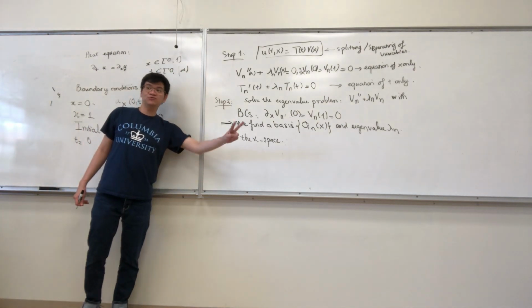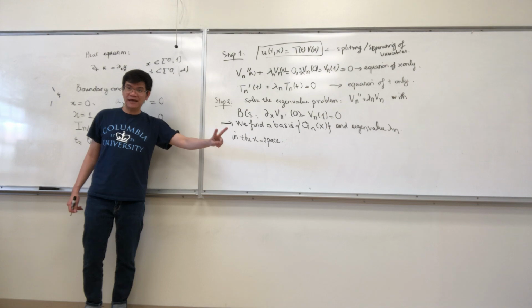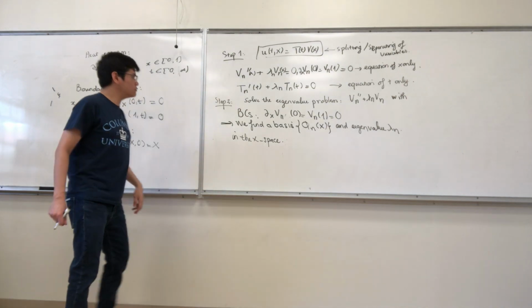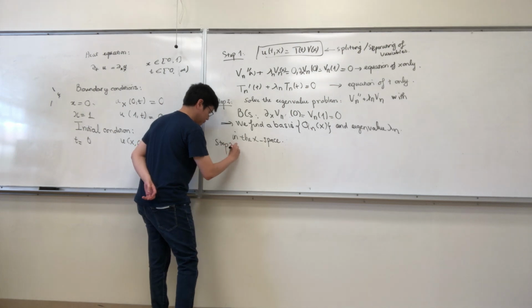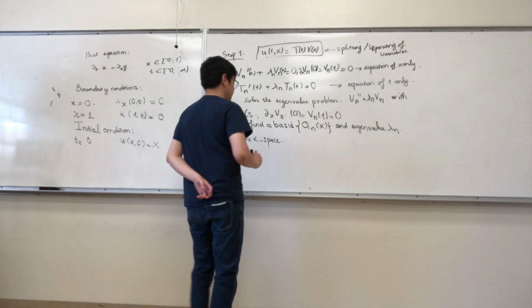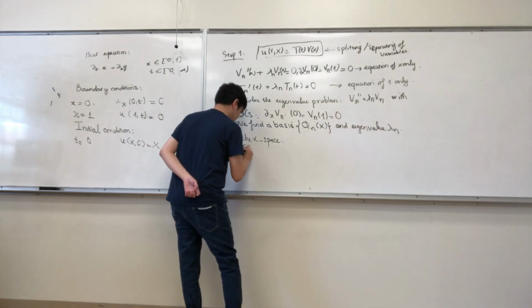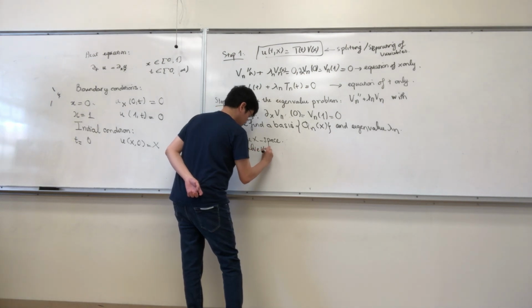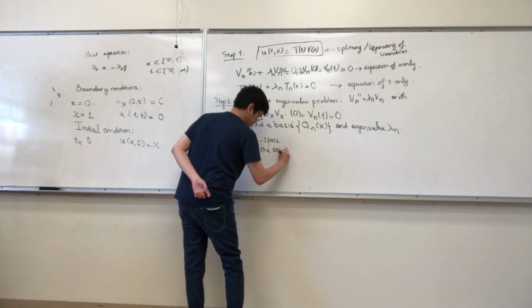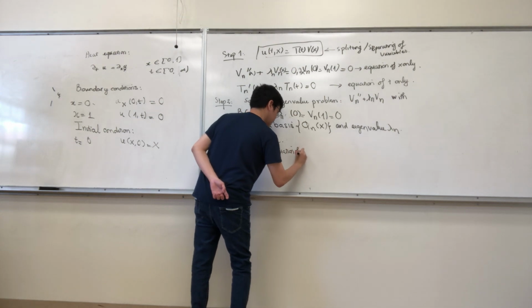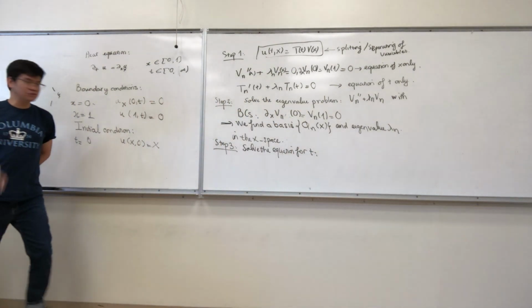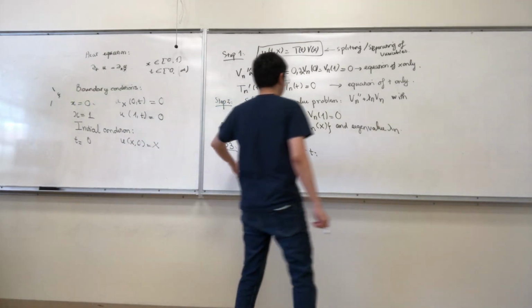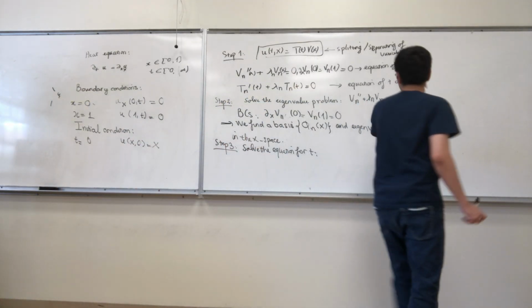But we need two spaces, right? So we need x and t, right? So step number 3, solve the equation for t. All right. So when you solve the equation for t, the equation for t is very standard, right?